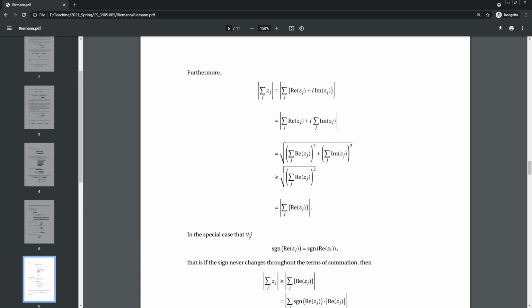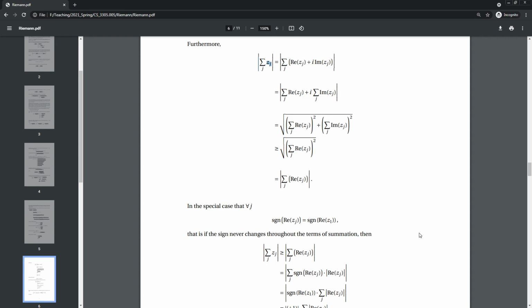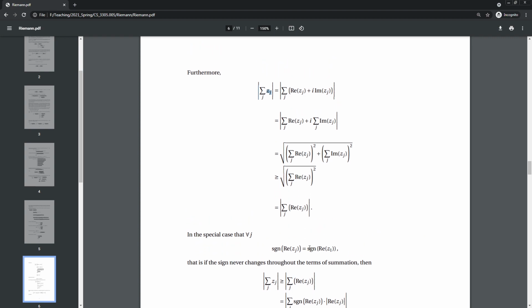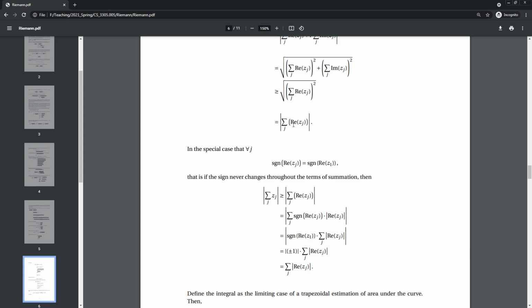In the special case that for all of these values that we consider, the sign of the real part of z_j is equal to the sign of the real part of that first term, so if the real part never changes sign, if it's always strictly positive or always strictly negative, or 0, I guess, if it's going to violate that, but if it's always strictly one or strictly the other, then you can make an additional claim.